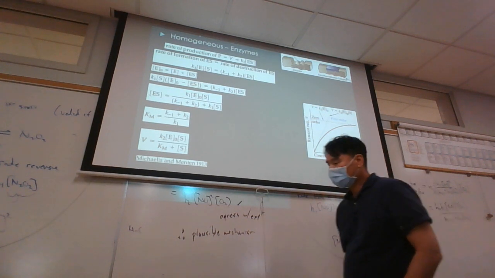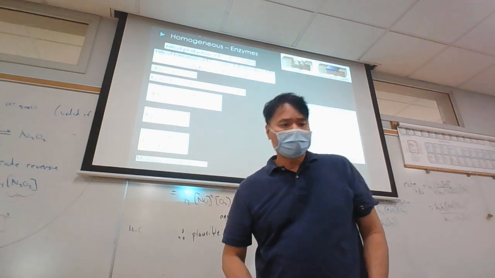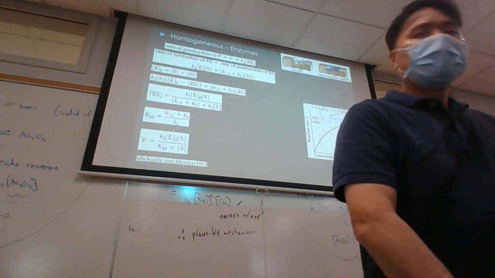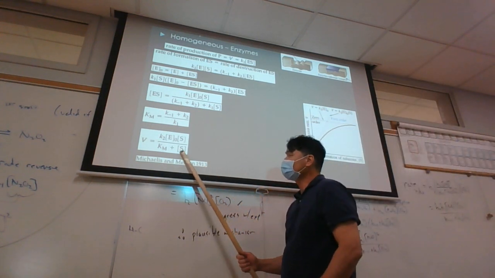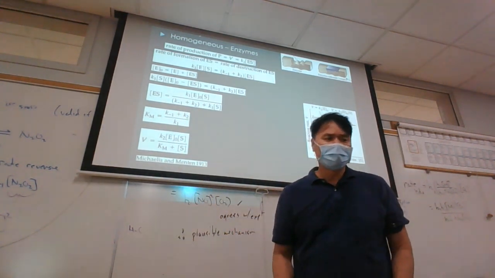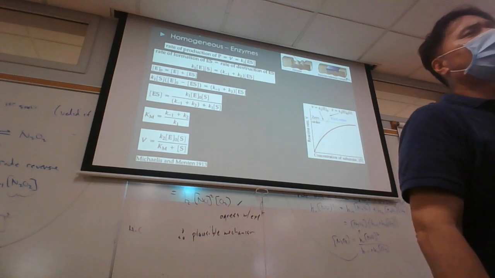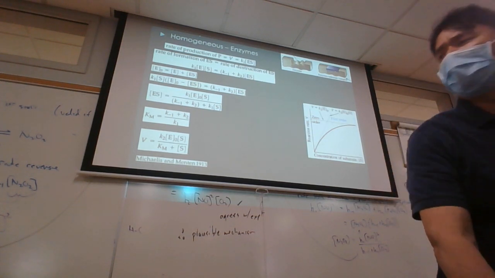But the way that this works is like this. If the substrate concentration is very small, what that means is you have plenty of enzyme. If you have plenty of enzyme, and you're a substrate, then you have no problem.